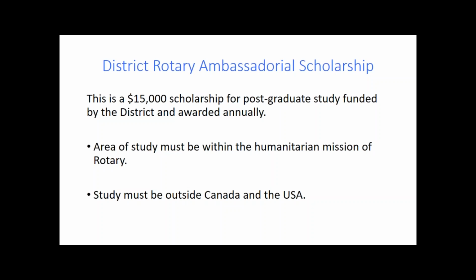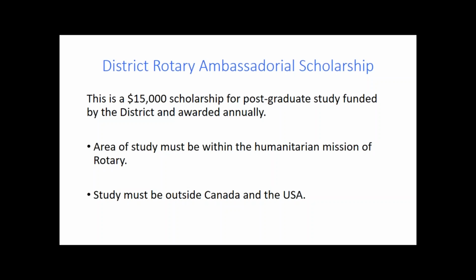or Canada. So right now, for example, we have an ambassadorial scholar studying in Edinburgh at the University of Edinburgh. Next year's scholar will be studying in London. So that's just a couple examples. But it's a pretty broad area of study, and the district has sole discretion in whether to award the scholarship or not.